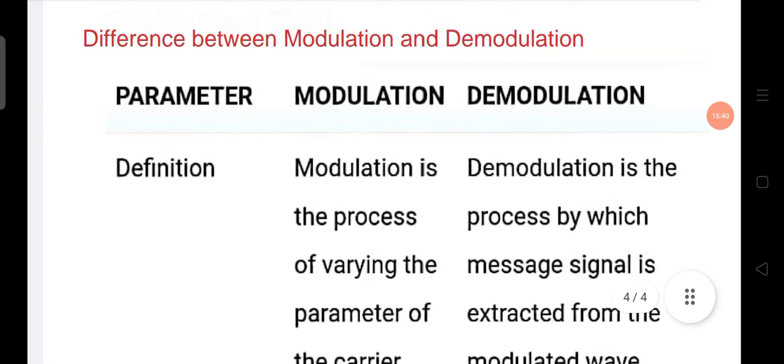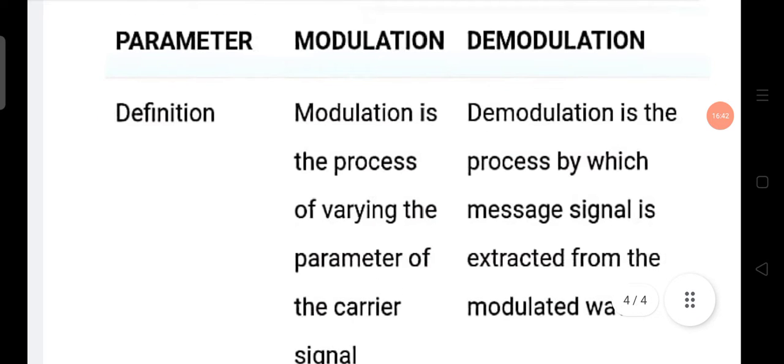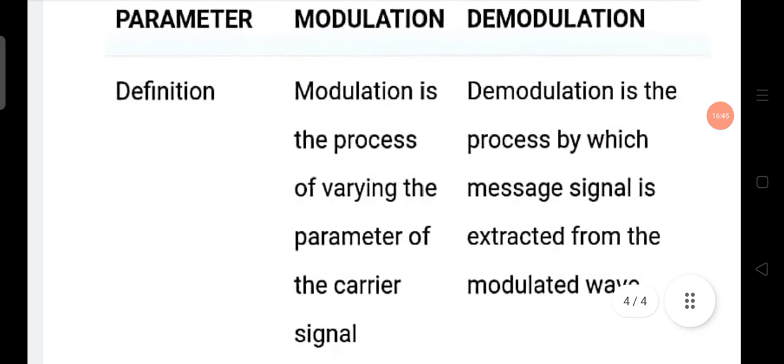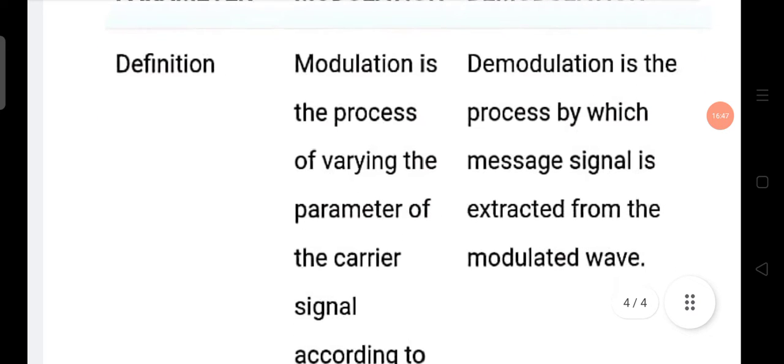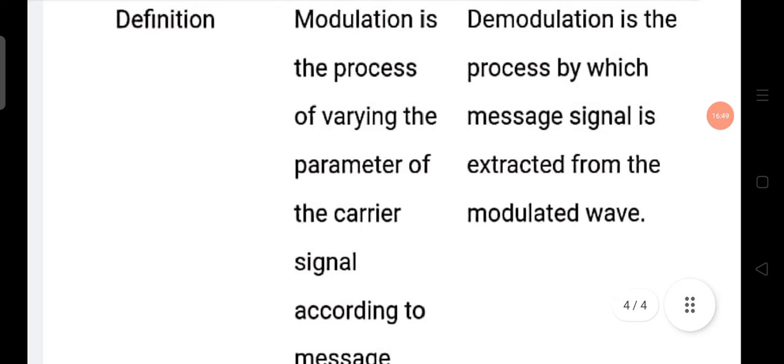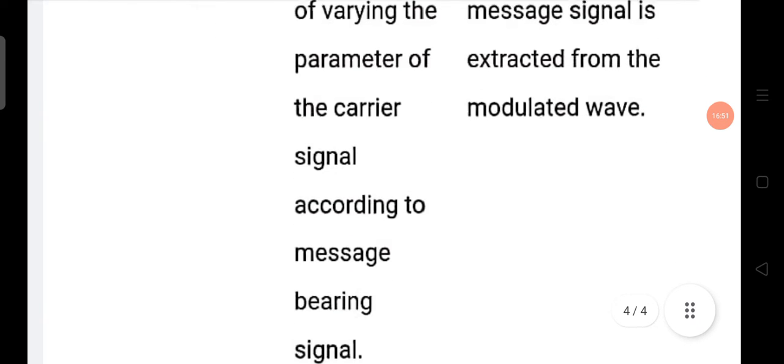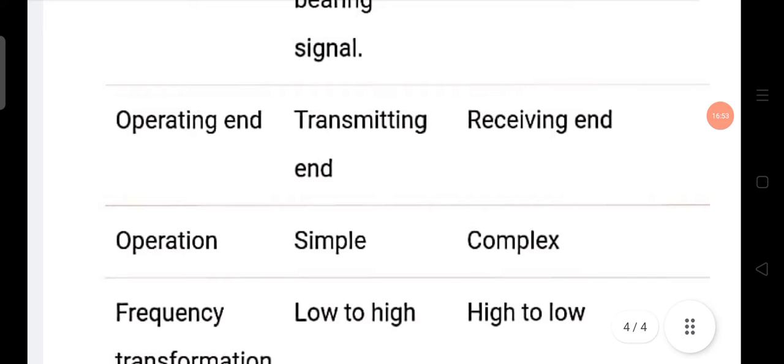Demodulation is the process by which the message signal is extracted from the modulated wave. Now the operating end: modulation operates only at the transmitter end, and demodulation operates at the receiver end.